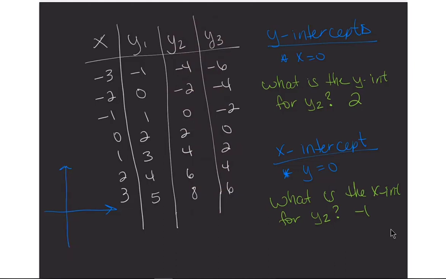And when we cross the y-axis, we know that our x value is always 0. So when I look at my table, wherever my x is 0, that tells me where my y-intercept is. For our first function, our y-intercept is at 2. On the second function, our y-intercept is at 2. And on our last one, we're at 0.